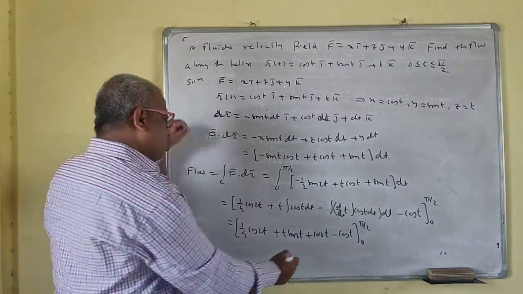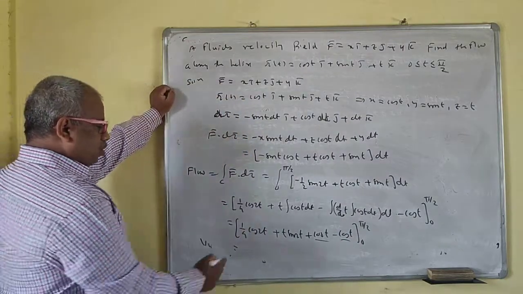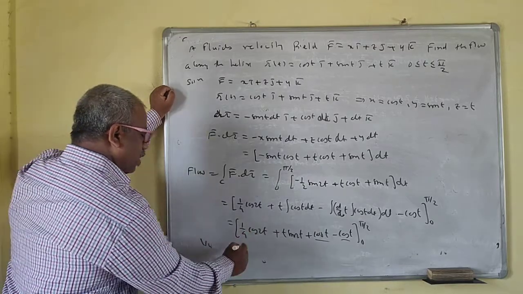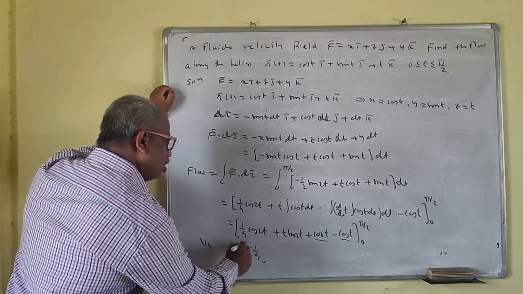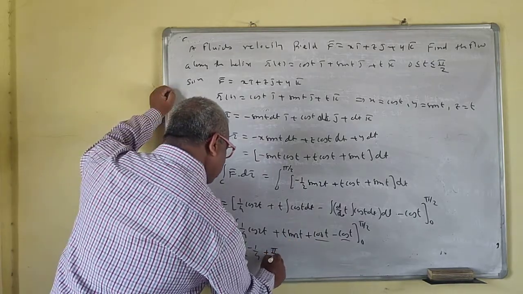The cos t terms get cancelled, so directly we put pi by 2. If you put pi by 2, this is cos pi, which is minus 1 by 4, and sin pi by 2 is 1, so this is pi by 2.